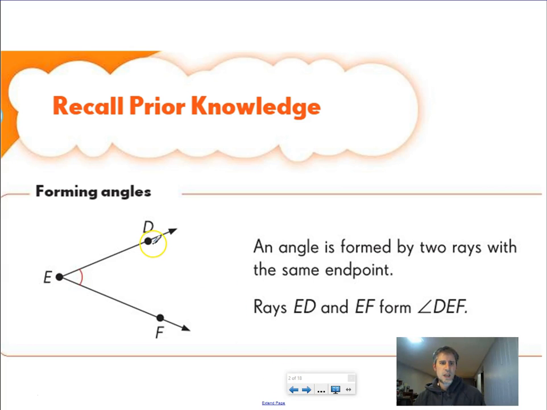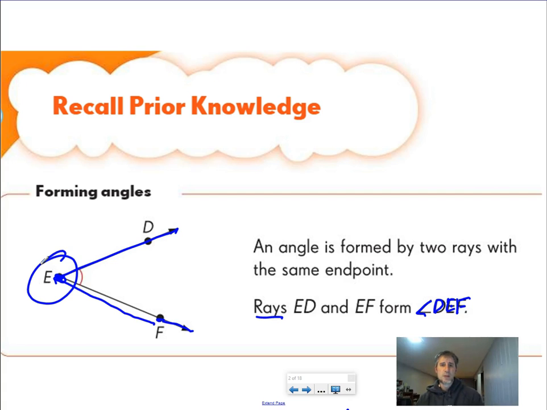Here you see an example of forming angles. When I'm forming an angle, we are forming these rays, ED. This is a ray because there's an endpoint there with the arrow coming out the end, so that makes that a ray. Two rays form an angle, and here we have angle DEF, and the key to this is this vertex right here.